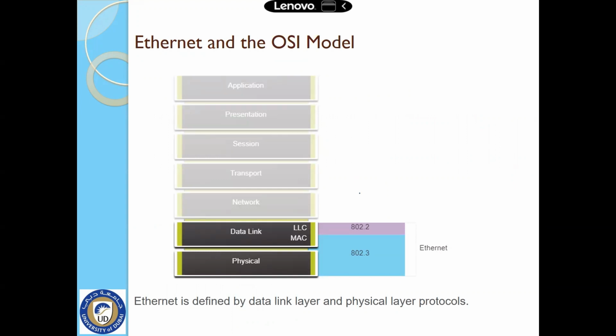And as I mentioned, 802.2, that is associated with LLC, and 802.3, that is associated to the MAC, Media Access Control. Both of them will create the Ethernet concept.